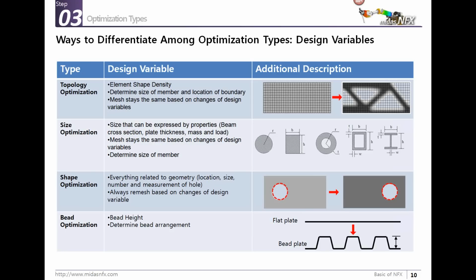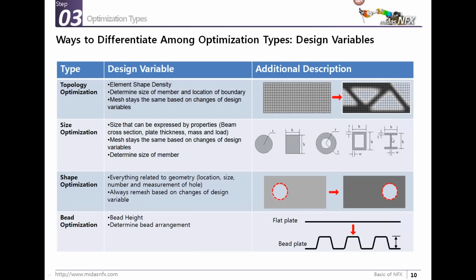Then the size optimization is a bit different. It works by optimizing the properties that are assigned to your mesh elements. So if you have some beam elements, for example, in your model, or some plates, size optimization can optimize the diameter of the beam or the thickness of the plate.